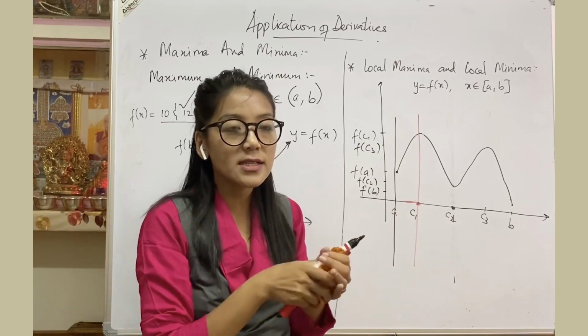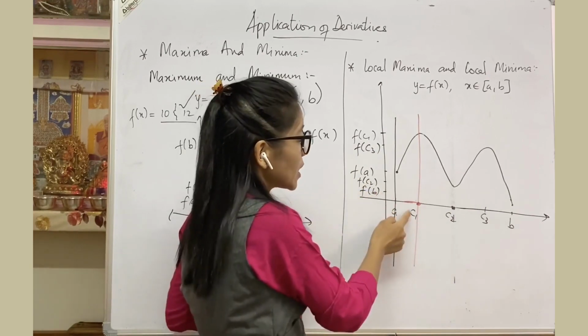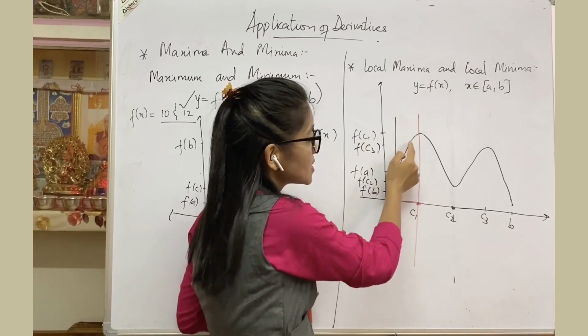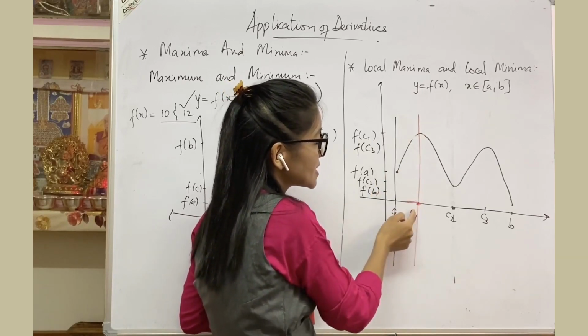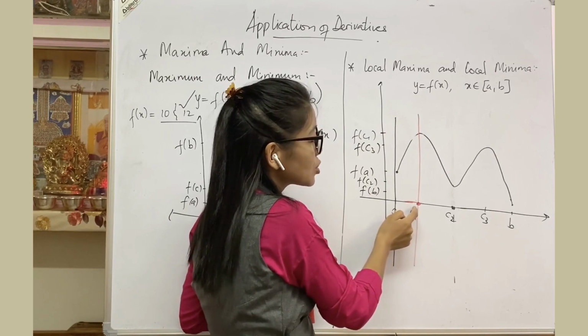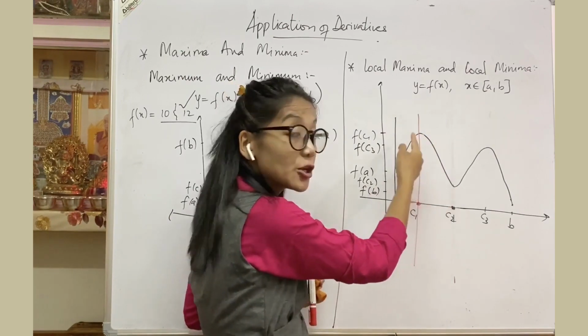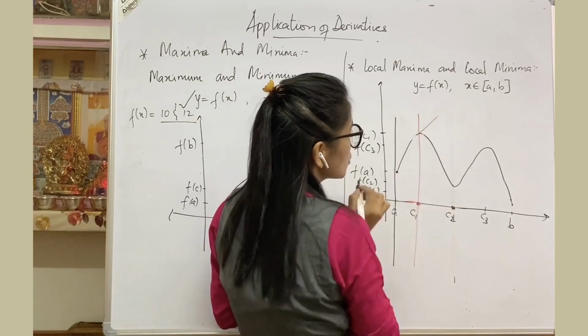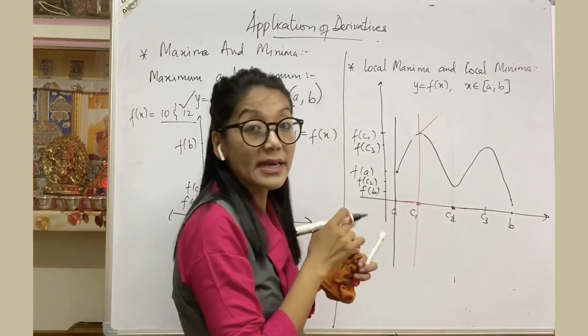If you take this interval a to c1, then in this interval the function is increasing on the left hand side of c1, but you don't know the nature of the function on the right hand side. It may be like this also, it may go like this also. Then in that case it is not the local maxima.